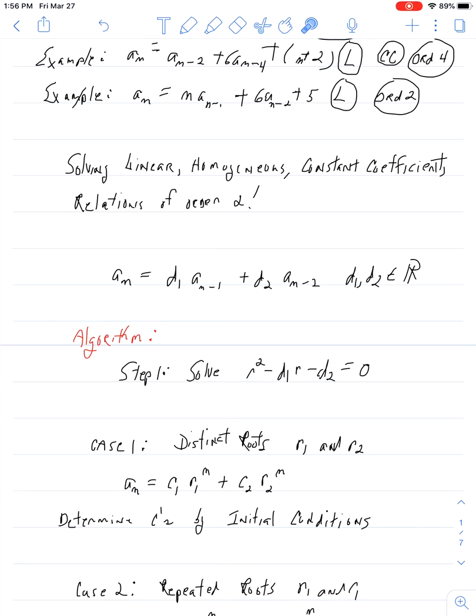Given any recurrence relation of this form, you follow certain steps. First, you solve a quadratic equation, r squared minus d1 r minus d2 equals 0. Now, this d1 corresponds to this d1 in the original recurrence relation, and this d2 is that d2 there.